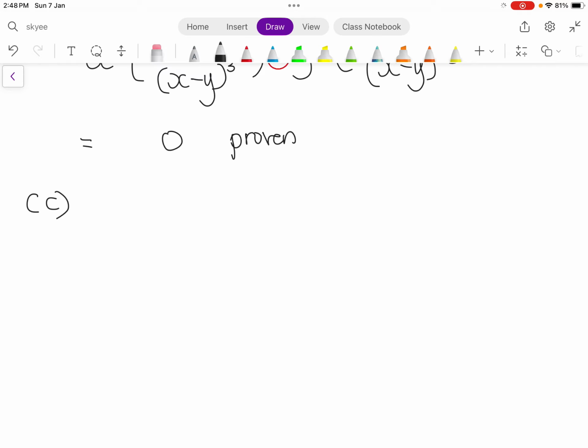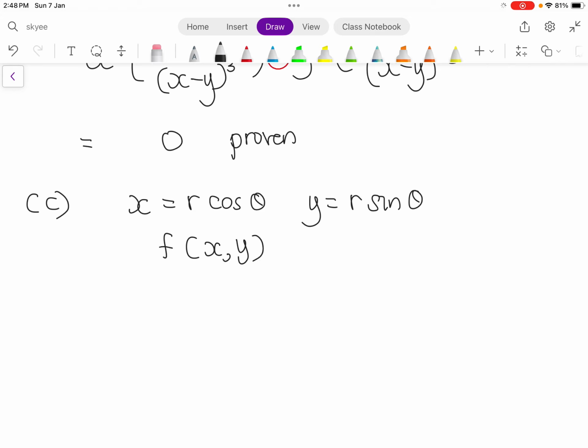Not T diagram, tree diagram. So x equals r cos theta, y equals r sin theta, and f is a function of x and y.